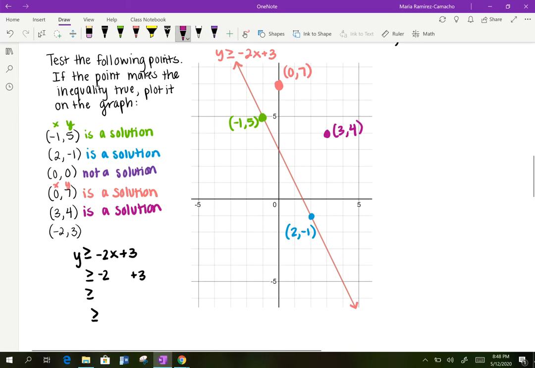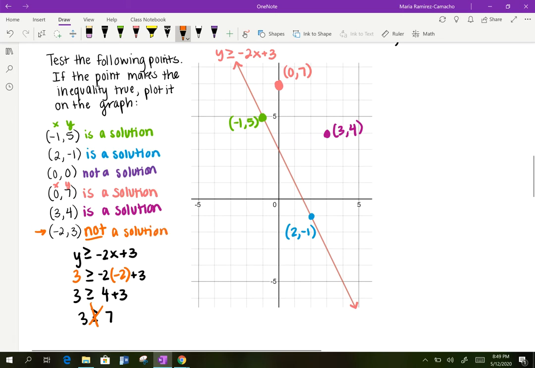I need a different color now. -2, 3. So plug in -2 for x, 3 for y. Simplify. This is not true. 3 is not greater than or equal to 7, so this is not a solution. So I'm not going to draw this point.